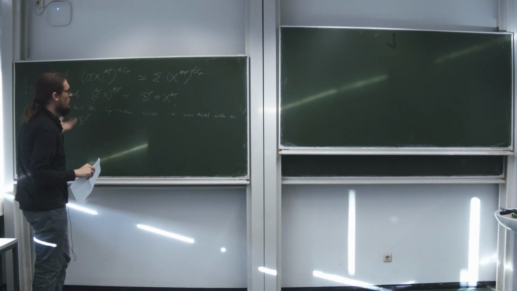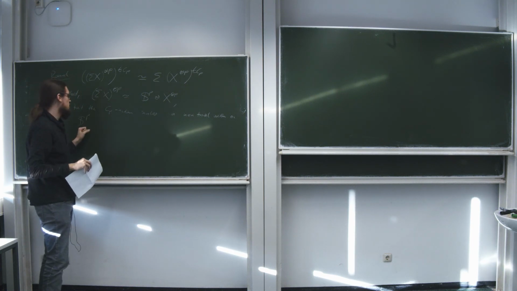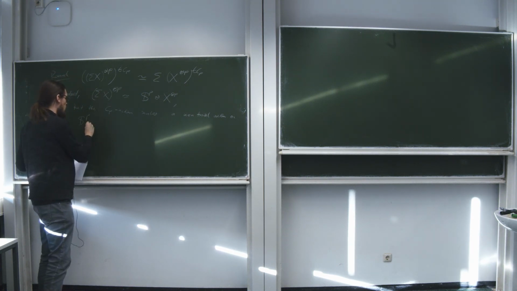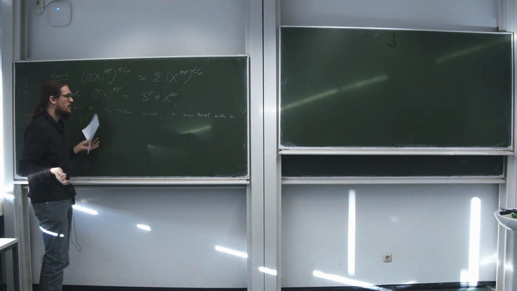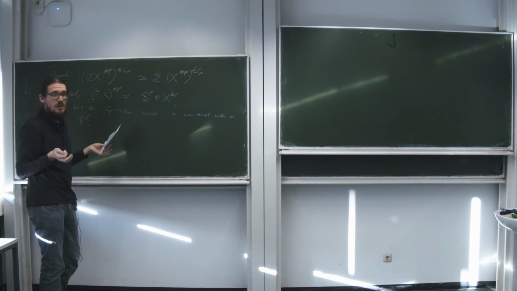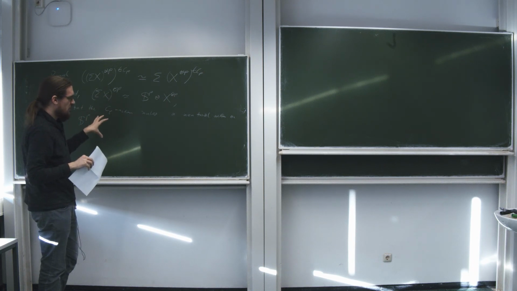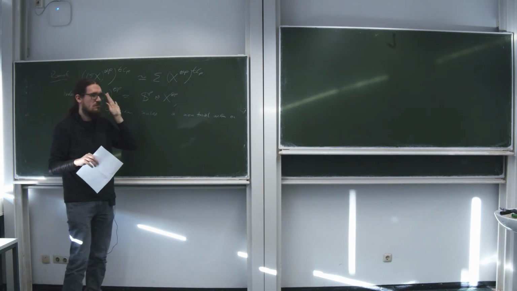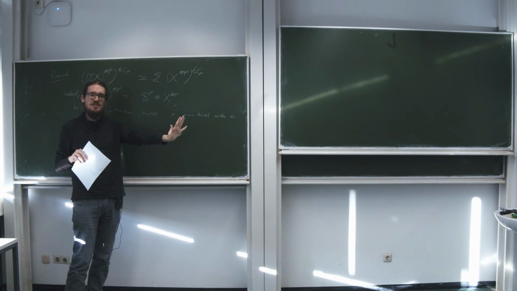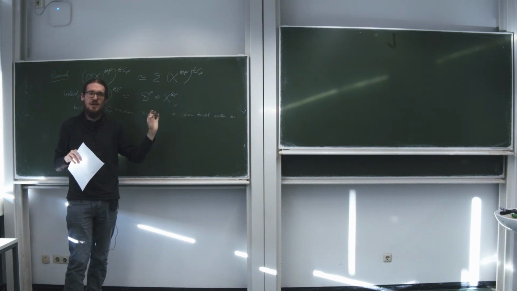And one way to think about that action is, so this S^p is the suspension spectrum of the p-sphere. And you can actually think of the p-sphere as obtained from a p-dimensional R vector space of your choice by one-point compactifying.